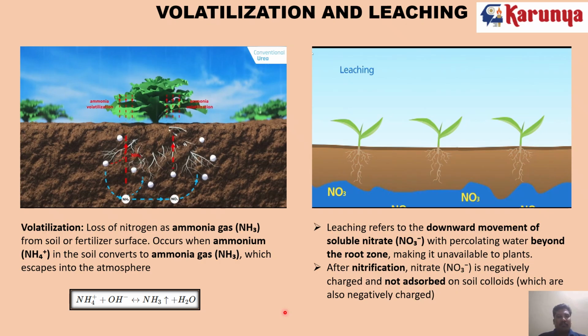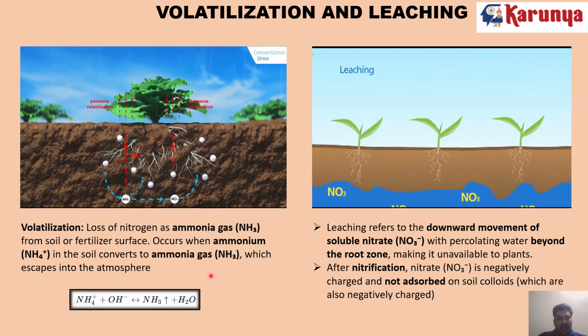So we have seen exactly two forms, ammonium and nitrate, both available to the plants. But from those available forms, there are some drawbacks. Through those forms, some losses also take place. One is volatilization, another one is leaching. NH4 is converted into NH3, that is ammonia gas, and gets lost in the form of evaporation or vaporization.